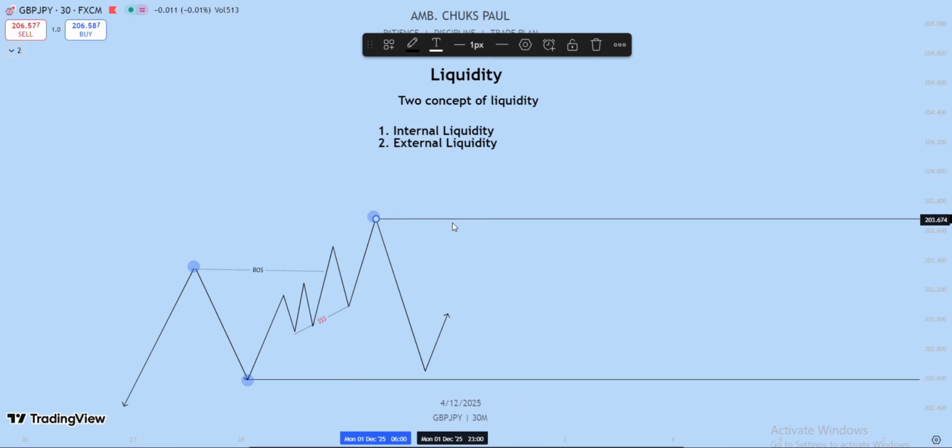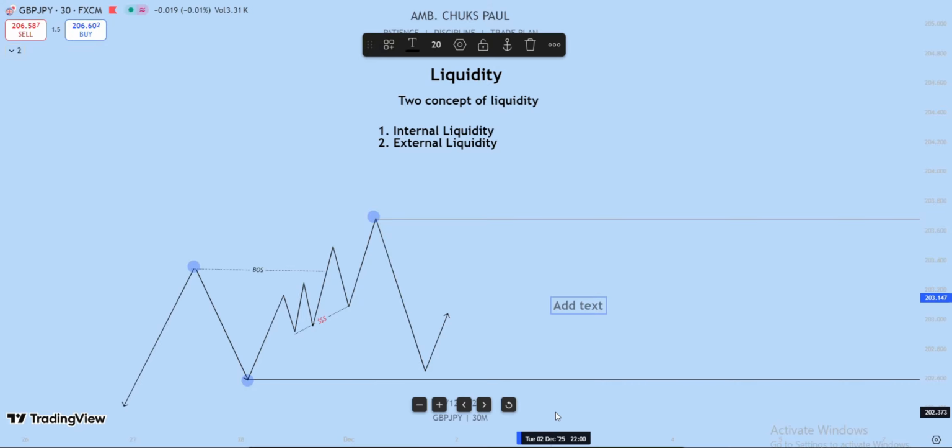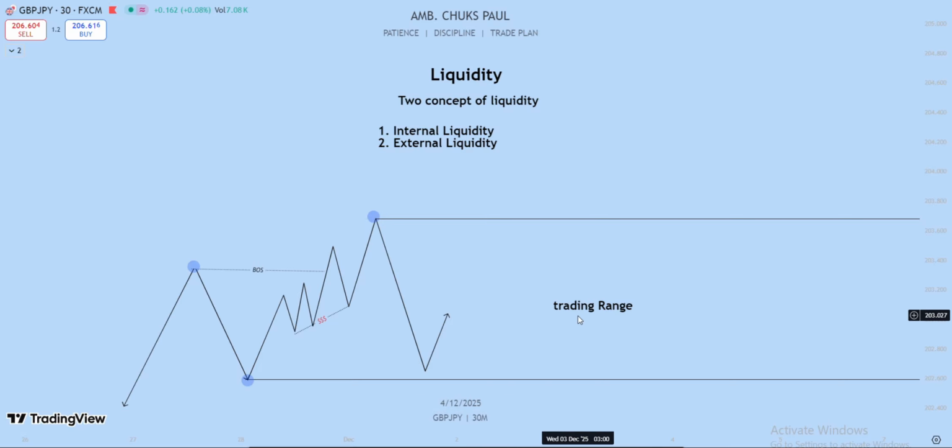So when you mark your swing low and your swing high, you now have your trading range. So this line marked out now becomes your trading range. This is the range by which we are looking to trade, right?